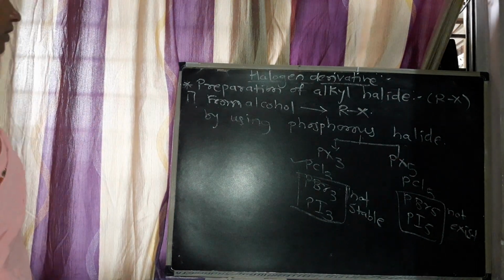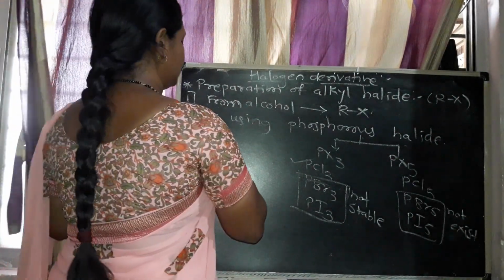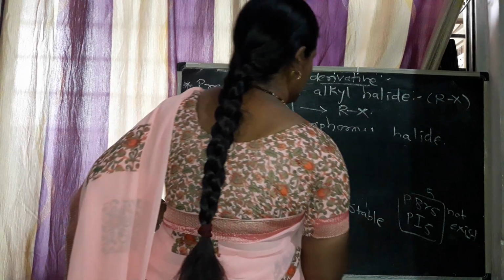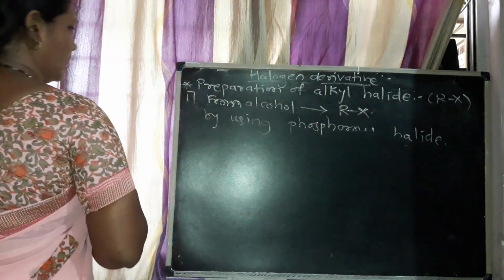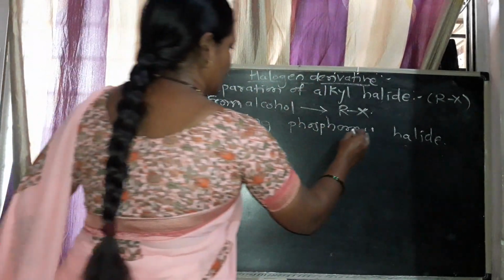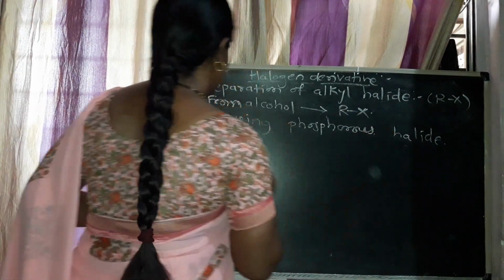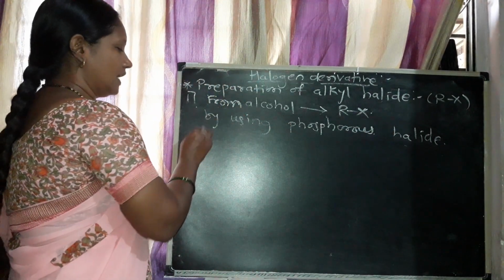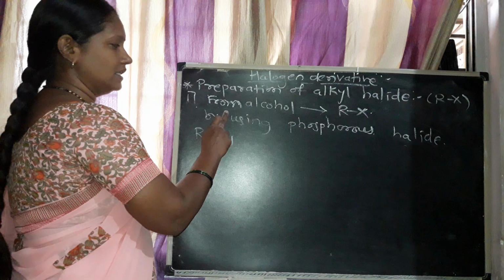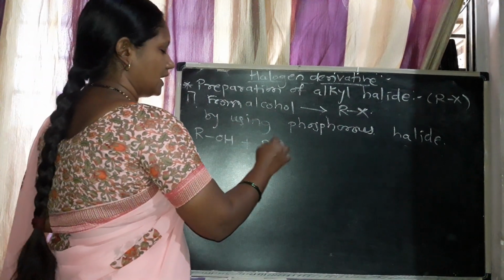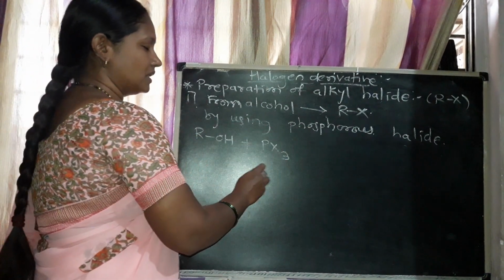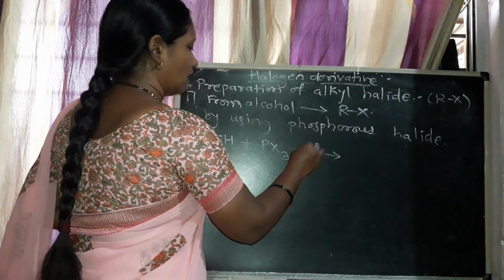Then from alcohol, by reaction with phosphorus halide, we can form the alkyl halide. Now the general reaction: ROH, alcohol, plus phosphorus trichloride, on heating.